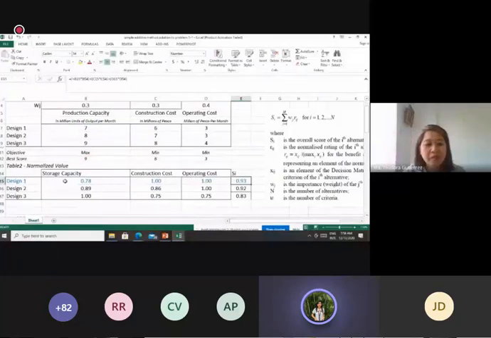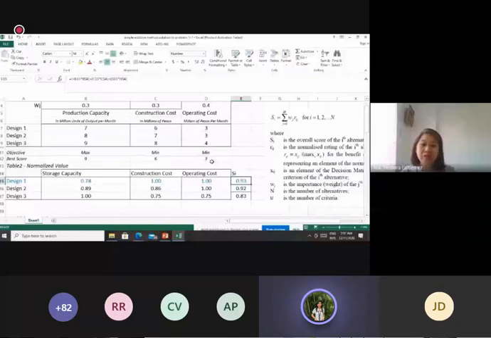Alright? So, design 1. Now, in the decision process, after knowing the best design, we will conduct sensitivity analysis because we want to know if the decision will change when the priority of criteria is also changed. So notice that we have 0.3 here and 0.4.